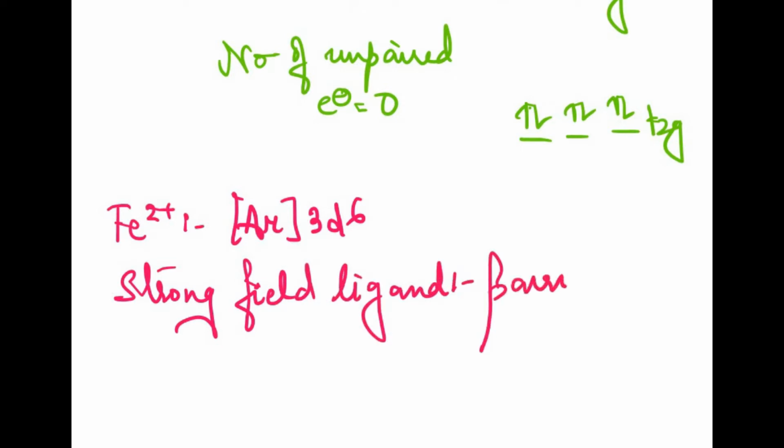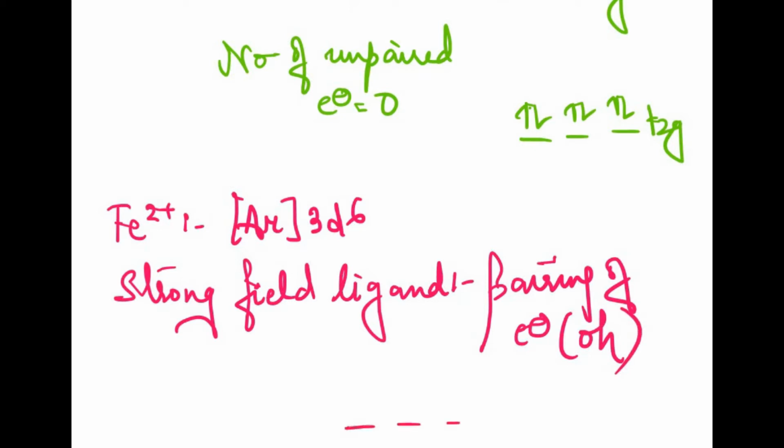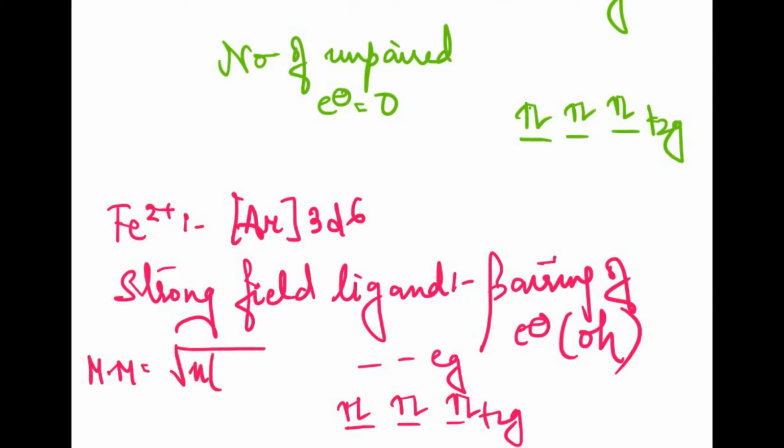It is also an octahedral complex, so again the same splitting, t2g below, eg above, and strong field including pairing of electrons, so it should be 1, 2, 3, 4, 5 and 6. The magnetic moment is determined by the formula root over n(n+2) Bohr magneton, where n is the number of unpaired electrons. In this case, the number of unpaired electrons is 0, so your magnetic moment will be 0.